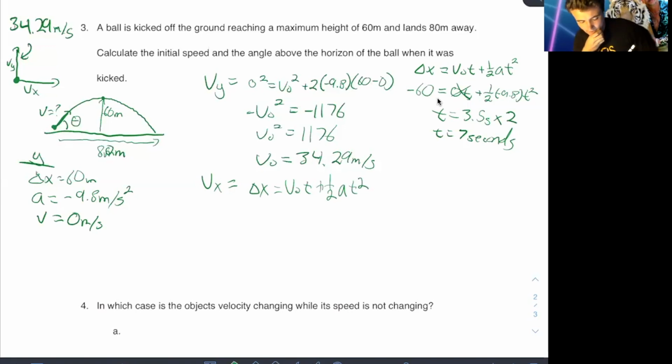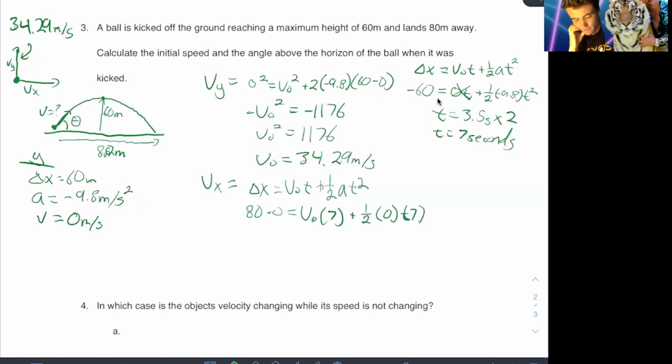We know delta x is 80 meters, final is 80, initial is 0. We're trying to find the initial velocity. It takes 7 seconds, and the acceleration is 0, so that whole term is 0, because 0 times anything is 0.